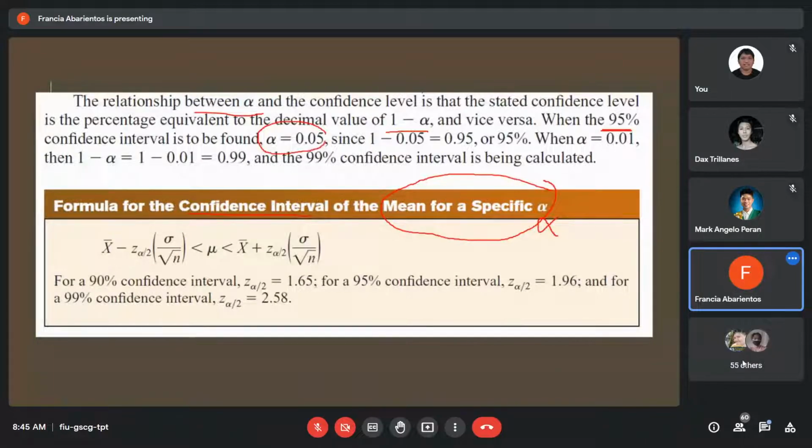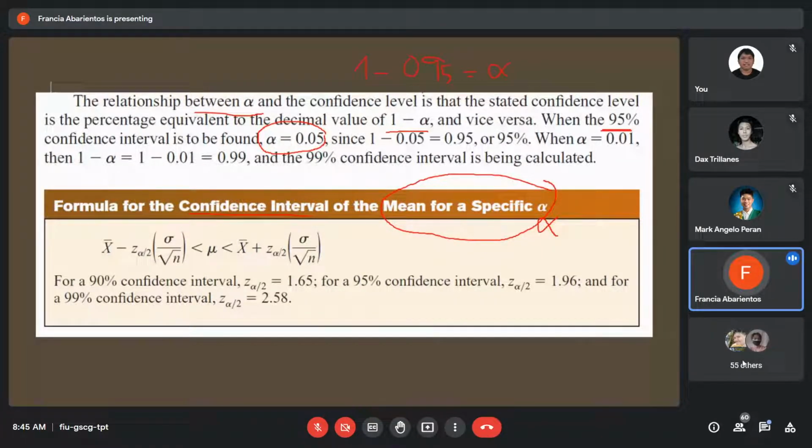Why? Kasi you have to subtract it from 1, the 95. 0.95. So 95% class, that is now your alpha.